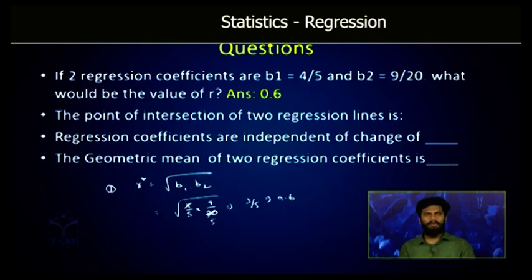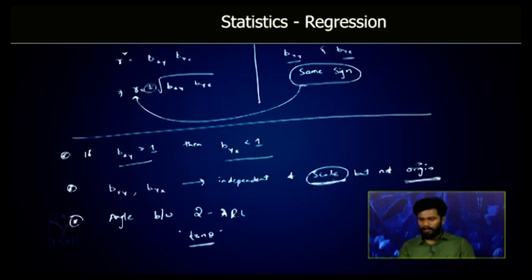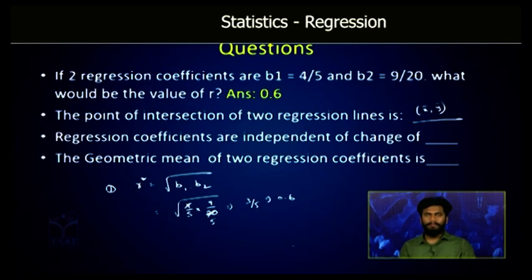Now see the second question. The point of intersection of two regression lines is x bar comma y bar. They will meet at x bar comma y bar. The regression coefficients are independent of, as I just discussed, change of scale but not origin.